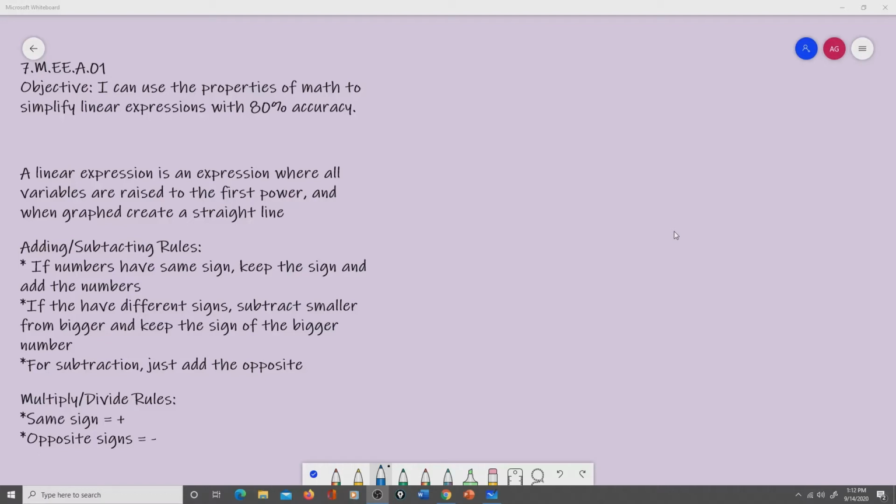For actually simplifying these terms, we got to just think about a few things first. First thing we want to think about is combining terms. So when we talk about combining terms, we're talking about combining like terms.